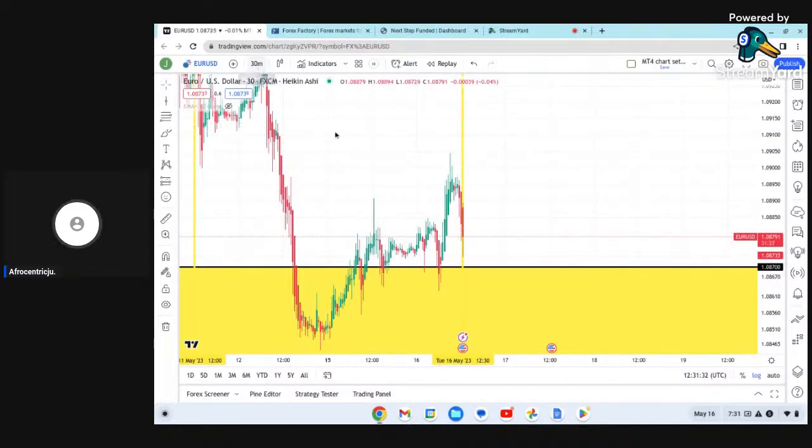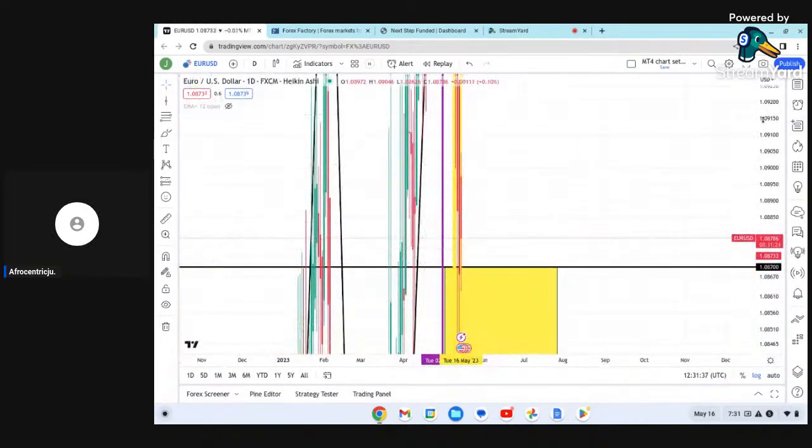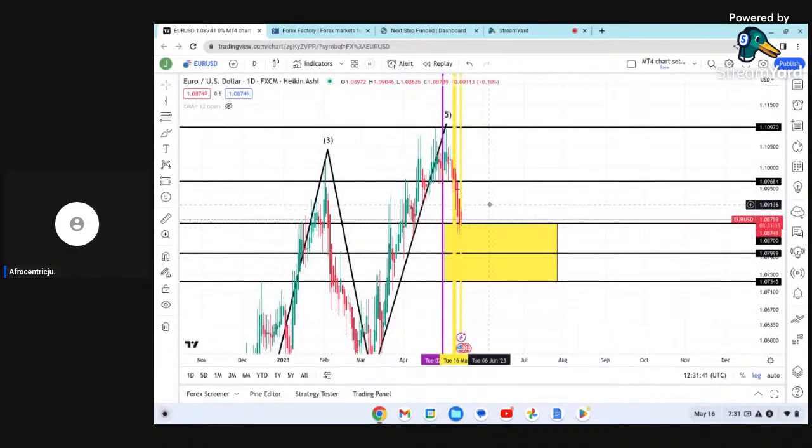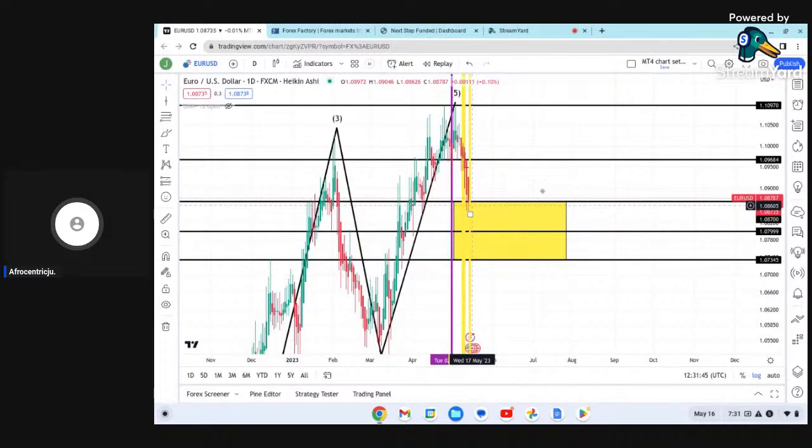Let's take a look at the day chart on this real quick. Yeah, so on this day chart, I'm really looking for this to tap this 0.7999 price point. And if it does tap that price point, then you're going to look for a rejection going back up.